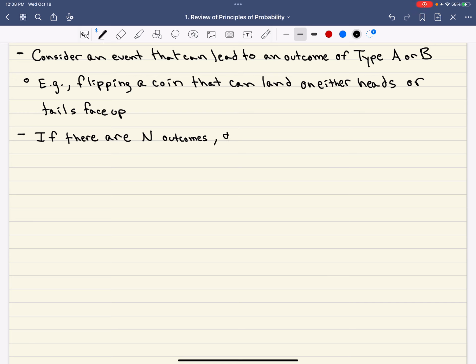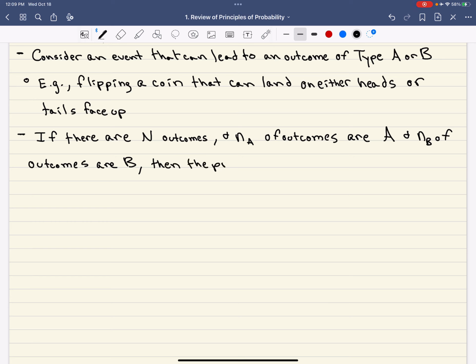And then for scenario A, we would say that n sub A of the outcomes are the scenario A result, and n sub B of the outcomes are scenario B. Then the way that we would define the probabilities would be like this.